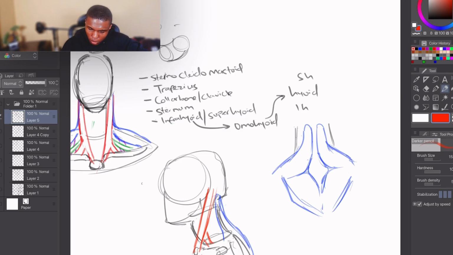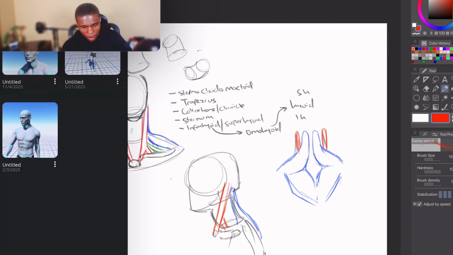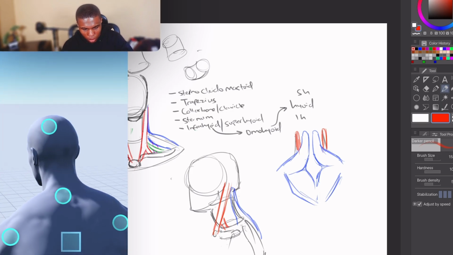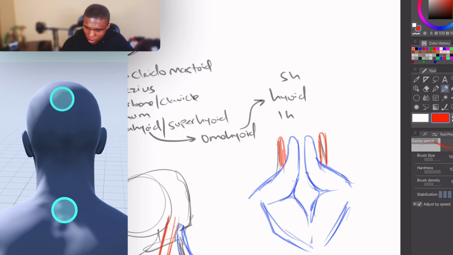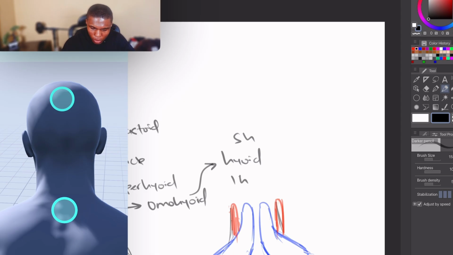That's not right. Like this, down here like this. Let's look at this guy in 3D. Look at this guy from the back view. You're going to see that there's a lot of shadow here at his neck area.